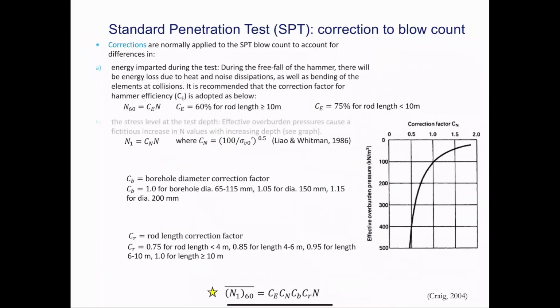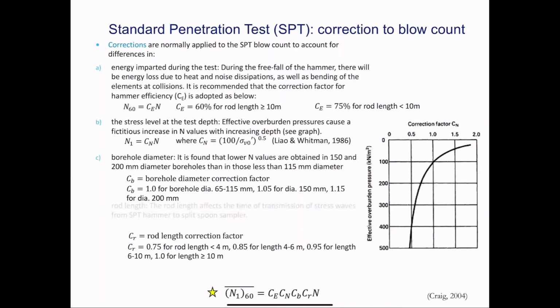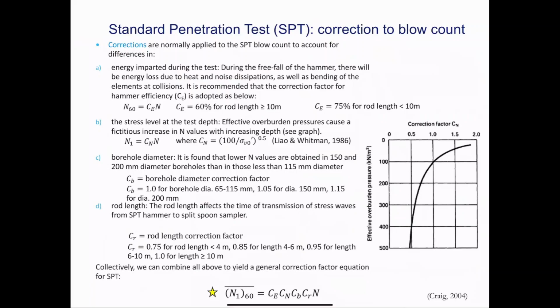Okay, so there are, in essence, 4 corrections that we should make to obtain our N60 value. So the N60 value is our corrected value. Now, the first issue that we often encounter when doing SPT testing is energy loss due to heat and noise dissipation.